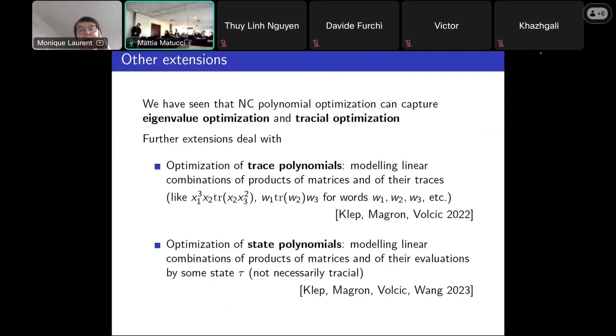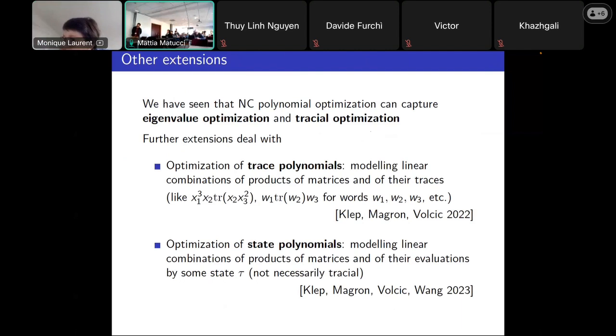I wanted to ask about the non-commutative version of the Positivstellensatz. When we talked about it yesterday, this Putinar Positivstellensatz has a proof from real algebra, and I was just wondering what goes into proving this certificate for the non-commutative case.